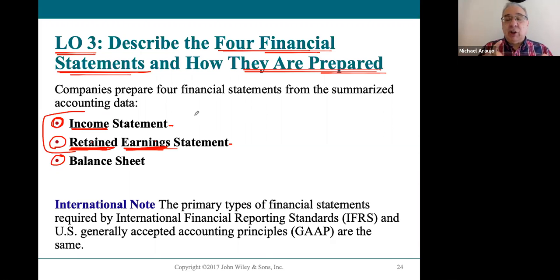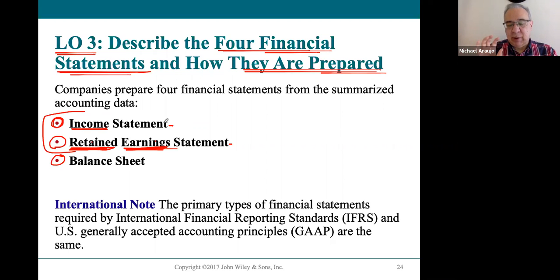Okay. It shows, on a particular day, what assets the company has, what liabilities the company has, and what the stockholders' equity of the company is on that day. That's it. So, like I said, get your phones ready, you know, and it's a selfie. It's basically a financial selfie of the company. And you're going to learn a lot more about that. But these three statements are going to be critically important in this course.